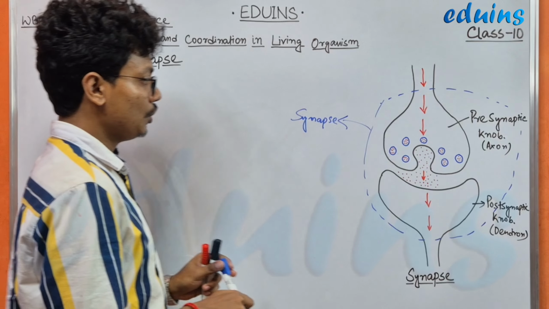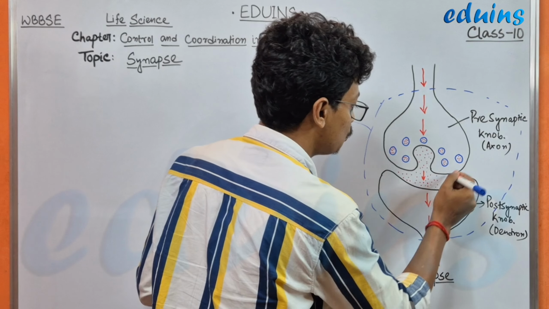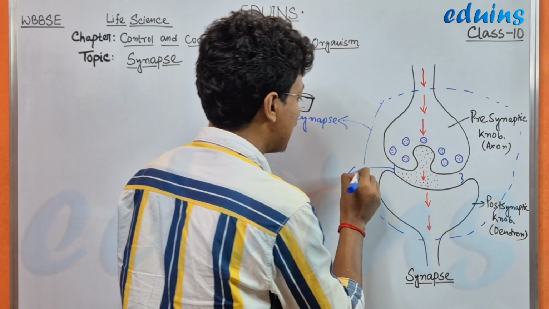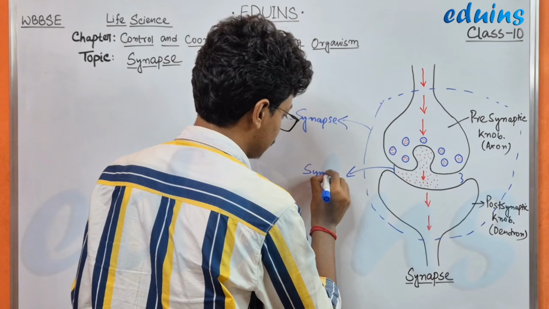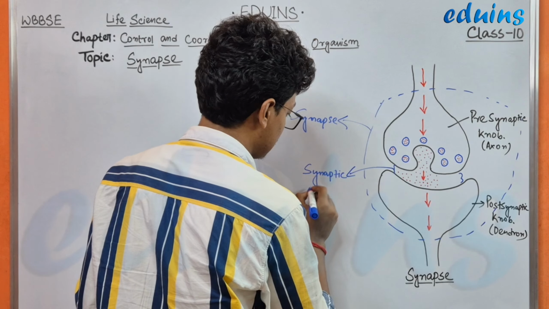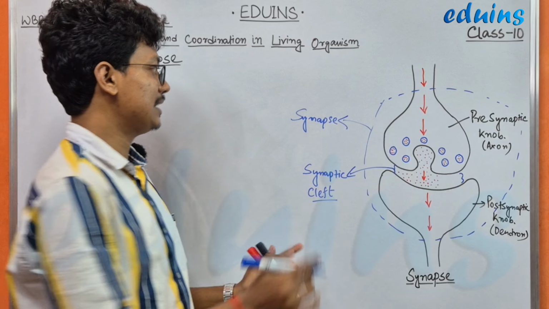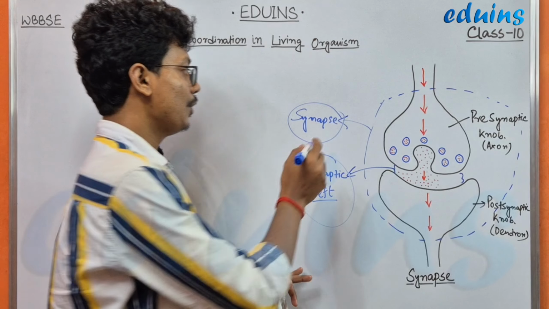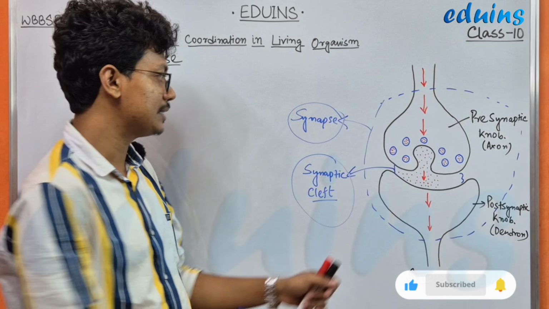Okay, so this gap between these two neurons is known as the synaptic cleft. There is a misconception between synapse and synaptic cleft: we always consider the gap between the two neurons to be the synapse.